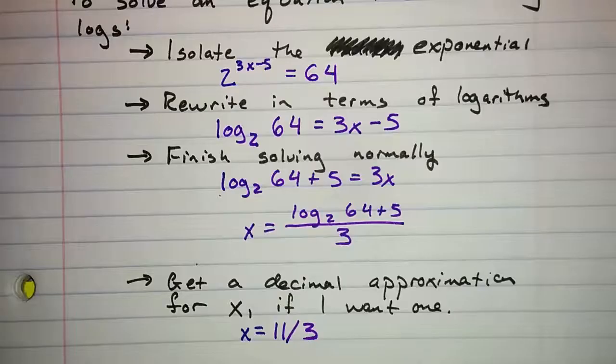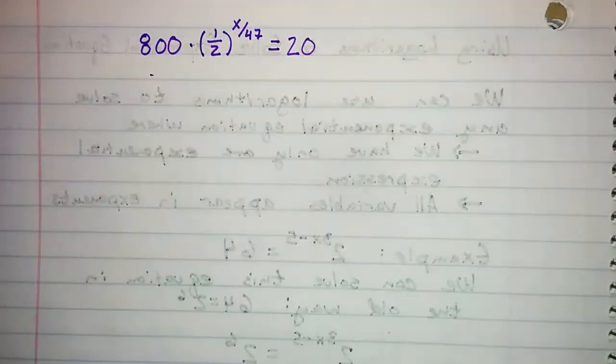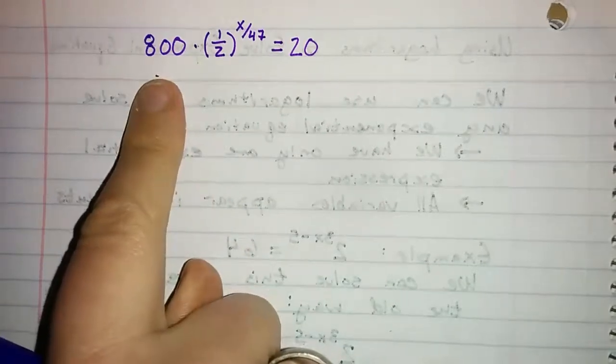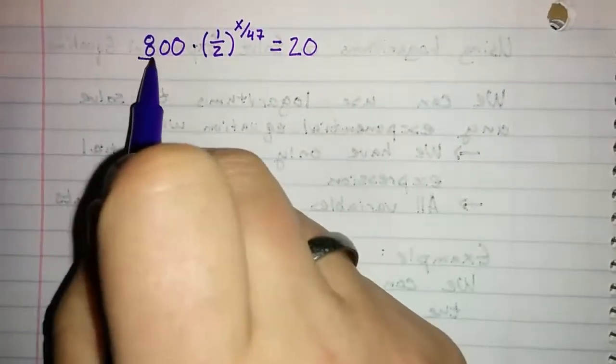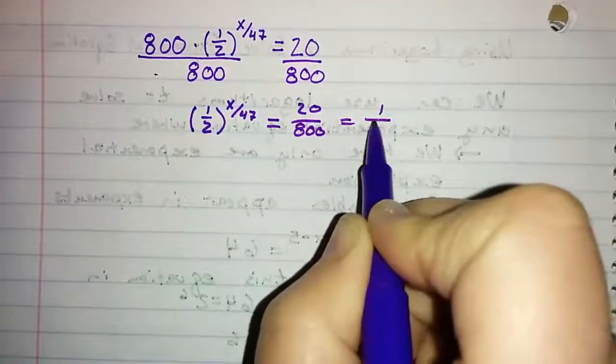Let's see an example that we couldn't have solved in the old way. Here's a typical sort of exponential equation that we'll get in applications. 800 times 1/2 to the x divided by 47 equals 20. To solve this equation, first I'll isolate the exponential. I need to get rid of this 800 to do that, so I'll divide both sides by 800. 20 over 800 simplifies to 1/40.